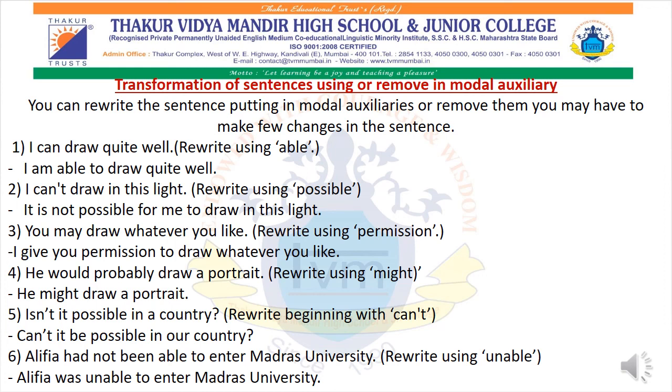The structure of any sentence is subject plus verb plus object. So whenever you write a sentence, make sure you have all these three, and if any sentence is negative, then you have to make that sentence negative as well. So you'll have to keep trying, making sure that the sentence makes sense.